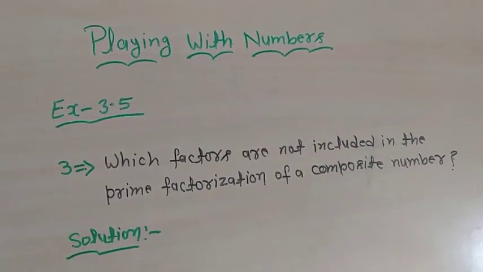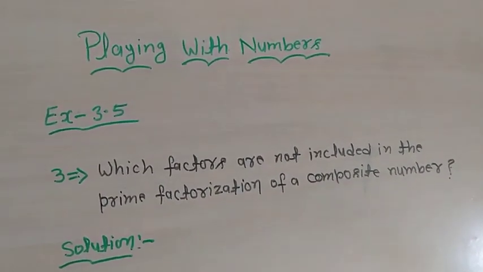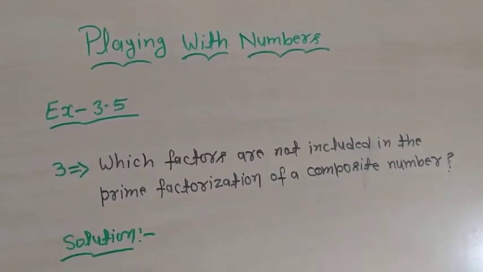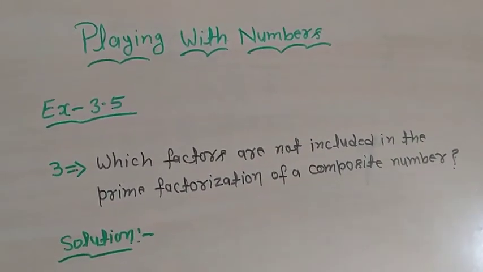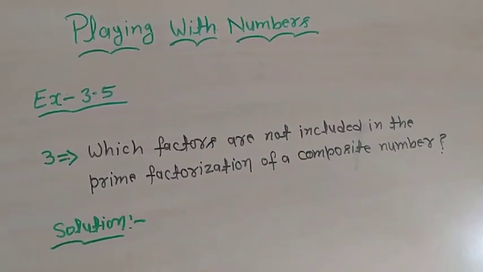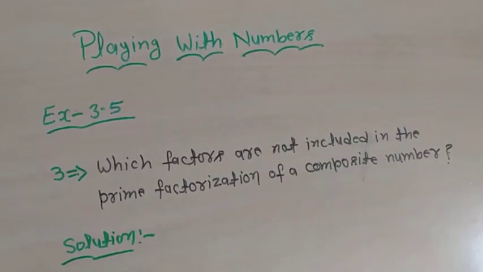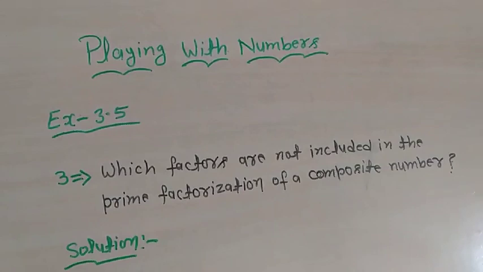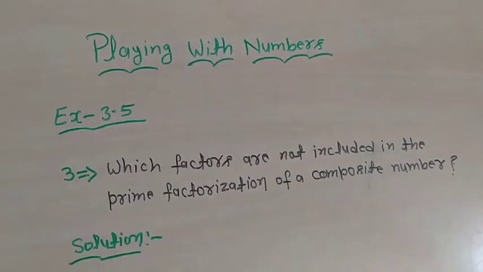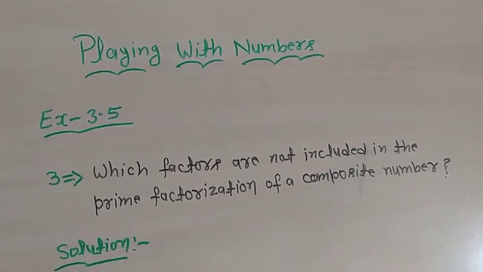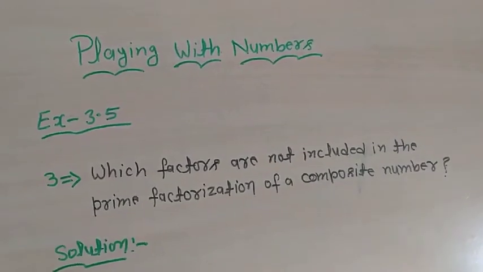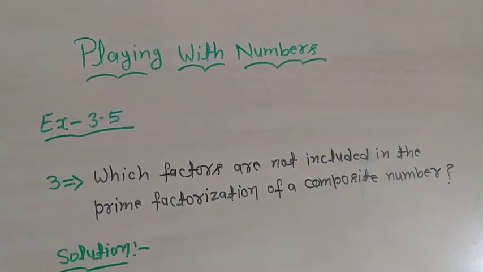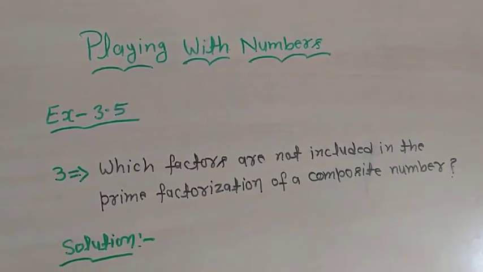So student, in the previous video I discussed what is a composite number, prime number, co-prime numbers, types of numbers you can say. Okay, so what is a composite number? A number which has more than two factors is called a composite number. Okay, and what is prime factorization? A number expressed as the product of prime factors is called prime factorization.